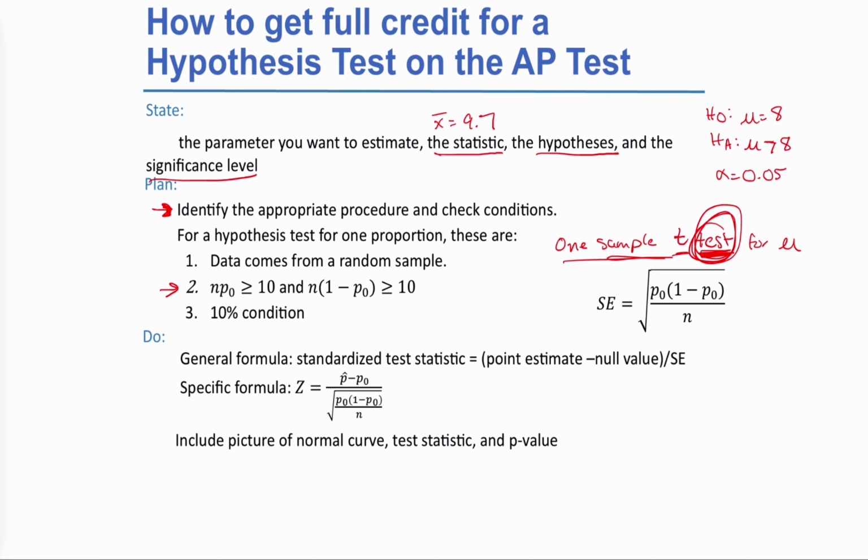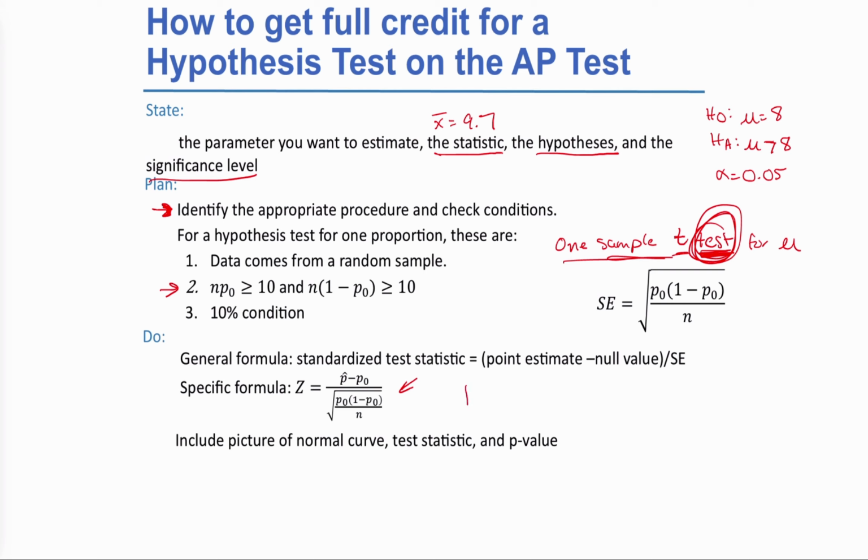Your do step, your general formula is that your standardized test statistic is equal to the point estimate minus the null value divided by the standard error. The specific formula for a proportion is going to be this.